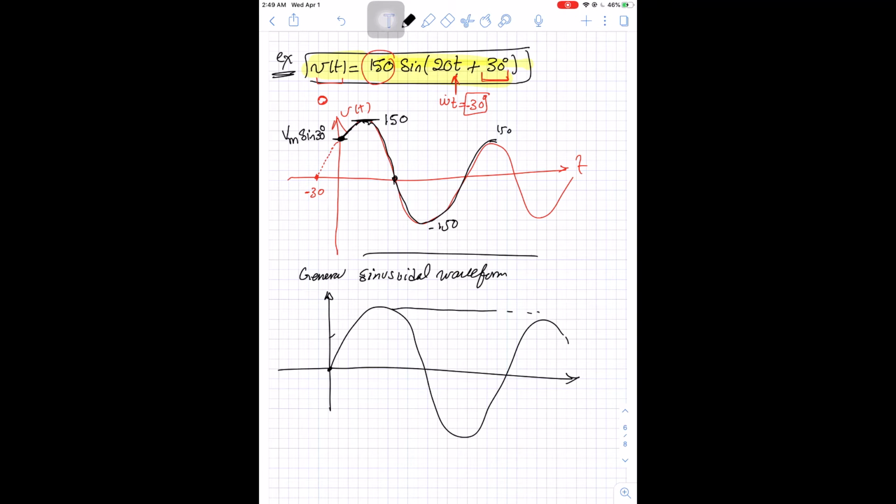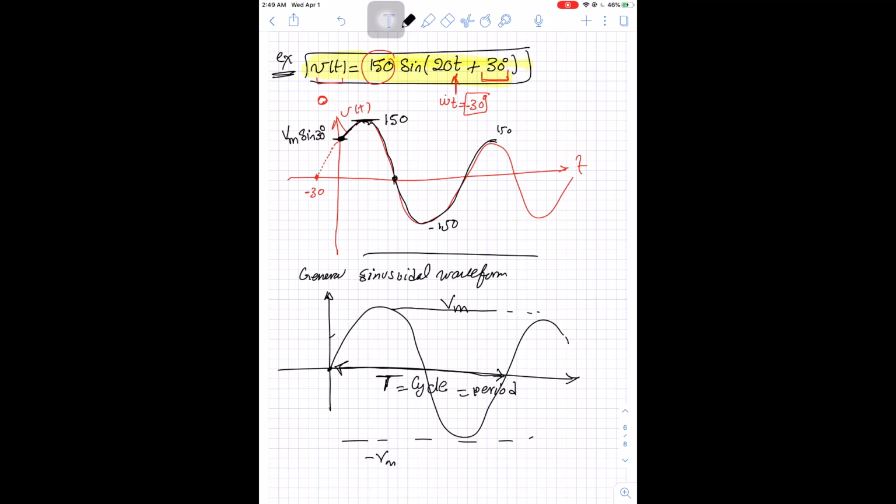We said that this value will be Vmax, and this value here will be negative Vmax. The time you will take to complete one cycle, positive, negative, we call this time T, or cycle time. So the cycle time, or the period of the wave, is T, and this is the time to complete one cycle.